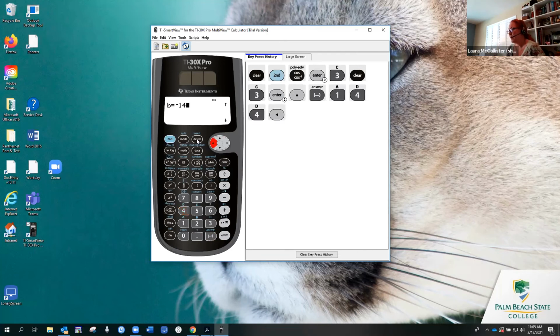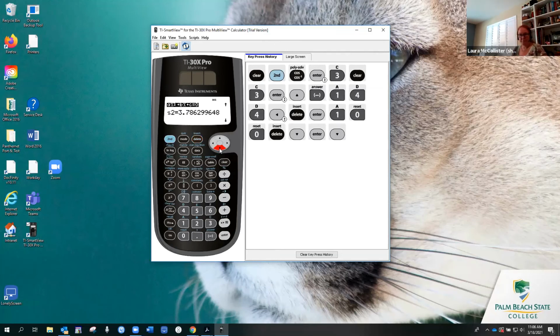If you use the subtraction sign, it will give you an error. So make sure you use the negative when you do this. Then hit enter. And then C was equal to 10. Then arrow down and hit solve. And lo and behold, you have your 2 different values.